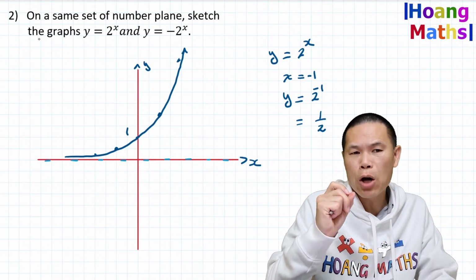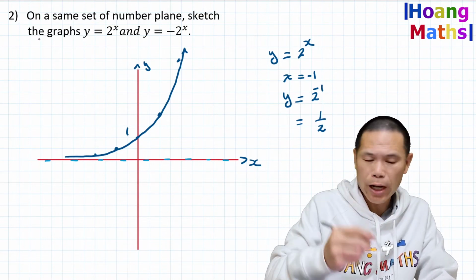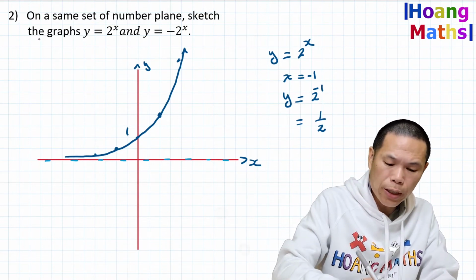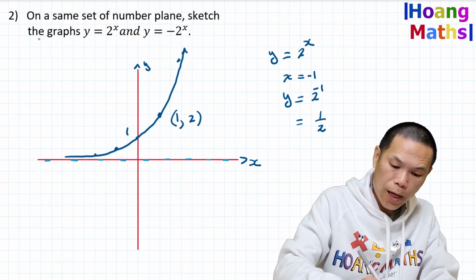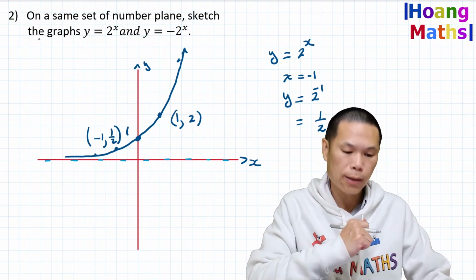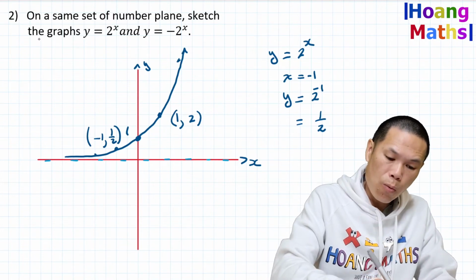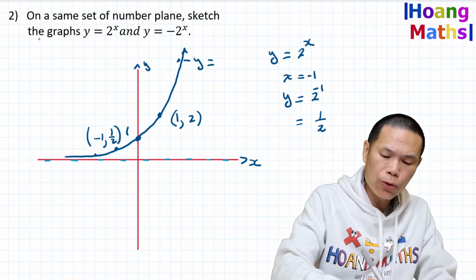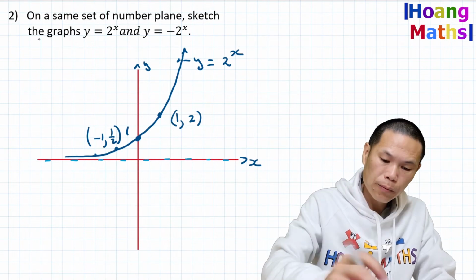Because I don't put numbers on the number plane, we better locate a few points. This one here is 1, 2, and this is of course 1, and this is negative 1, half. We just need a couple points, that's all. So this is y is equal to 2 to the power of x.